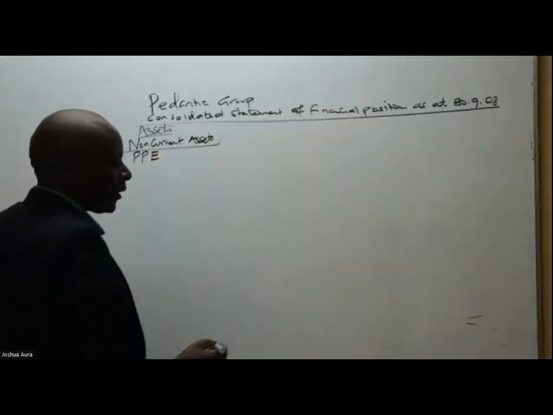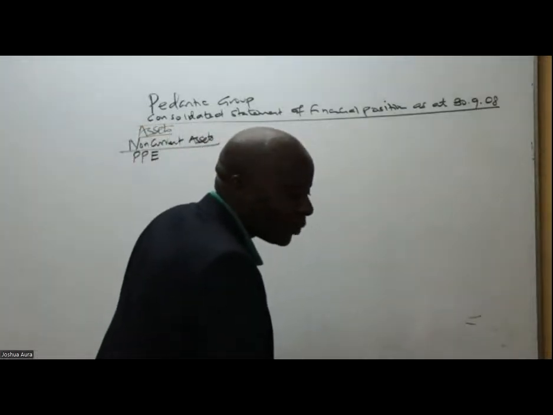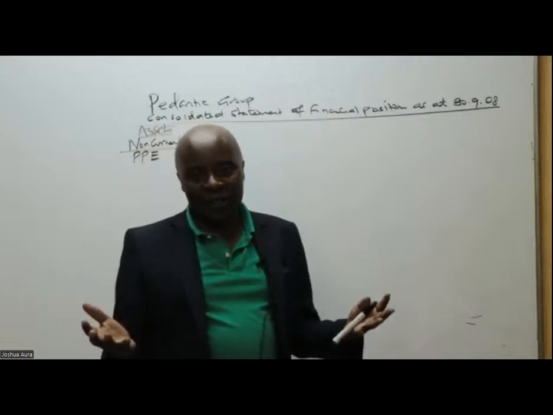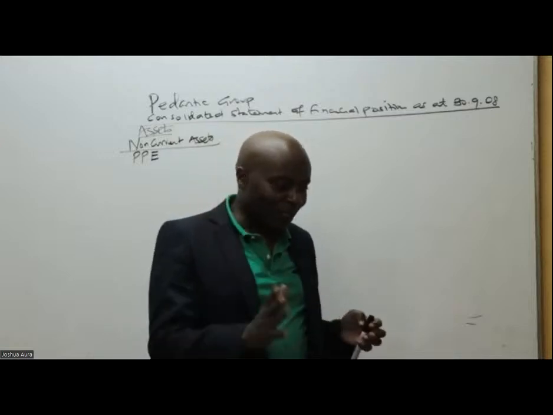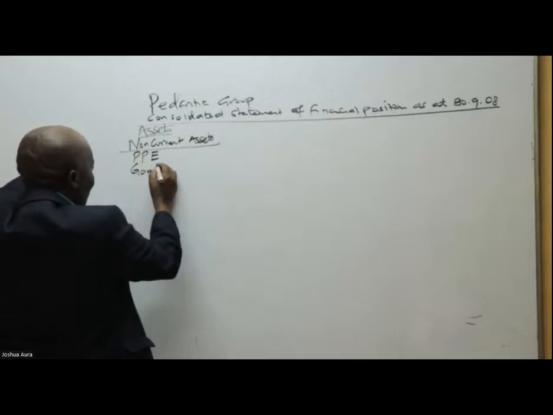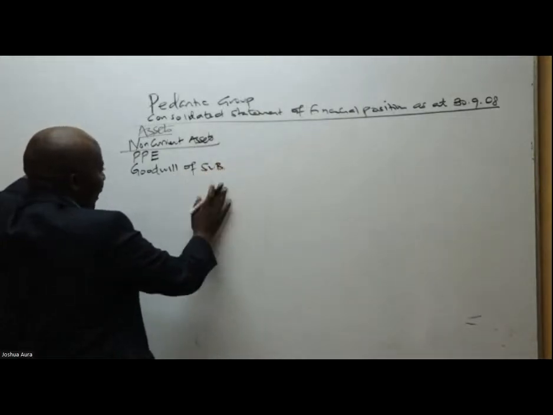And the non-current assets, even if I'm not told, so long as I've got subsidiaries, of course, I must create a provision of goodwill for my subsidiaries. Anytime you've got subsidiaries, as a non-current asset, you must give us your goodwill. Goodwill of subs.